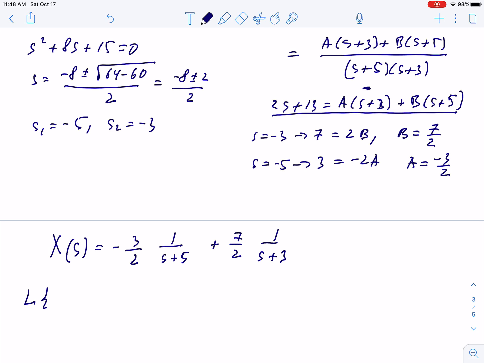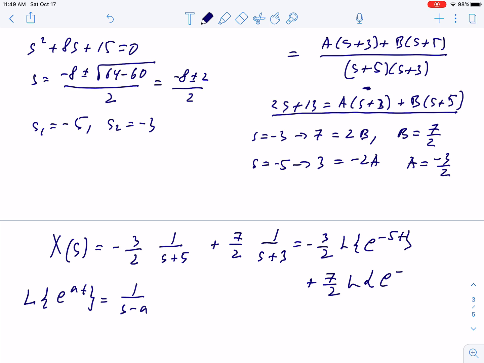Here I shall write it again using this formula. So we can identify for the first fraction a is negative 5, for the second it is negative 3. This will be negative 3/2 Laplace of exponential negative 5t, and plus 7/2 Laplace of exponential negative 3t.